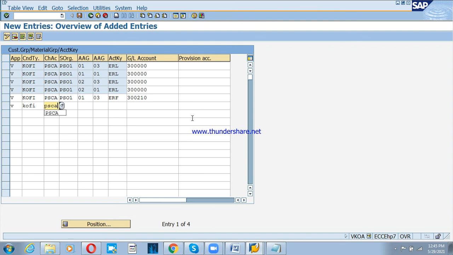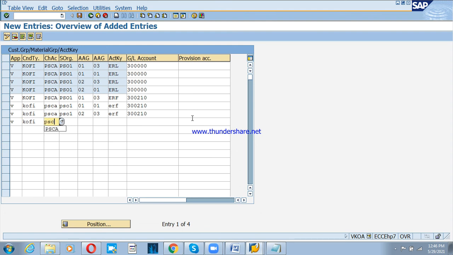KOFI, PSCA, PS01, 0101 ERF. 01, first one is for domestic and trading goods. Same account, 300210. Then PSCA, 01, sorry, 02, 03 ERF, 00210.